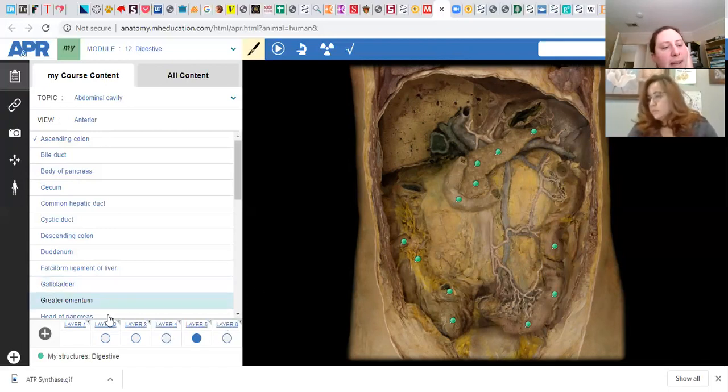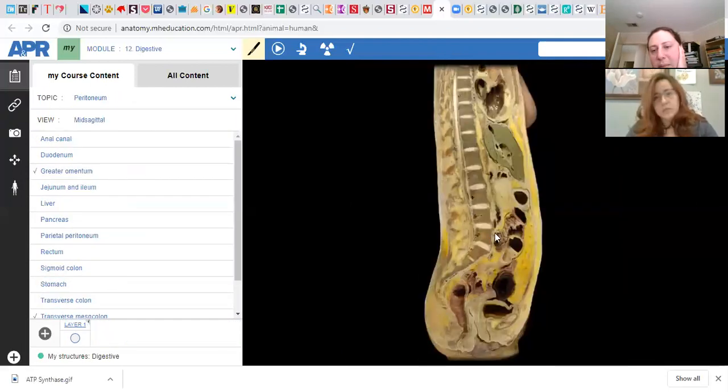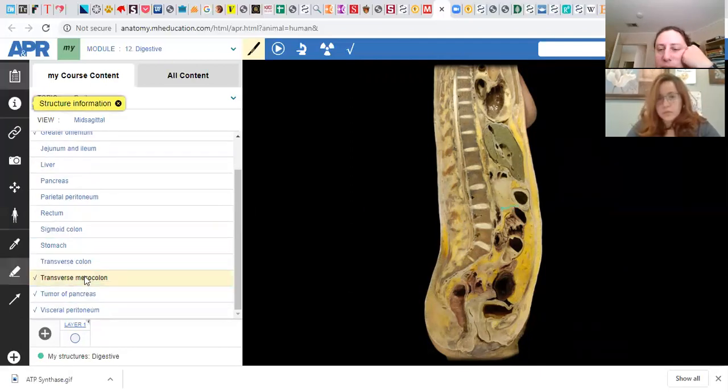That's why they give us this weird diagram, it's not a diagram, it's a person sliced in half, because it's the way they can show it a little bit more. And for some reason, the transverse is the only part they're showing. I think mostly because in a mid-sagittal cut, the transverse colon is the only part of the colon present, because the other two are to the right and the left of it.